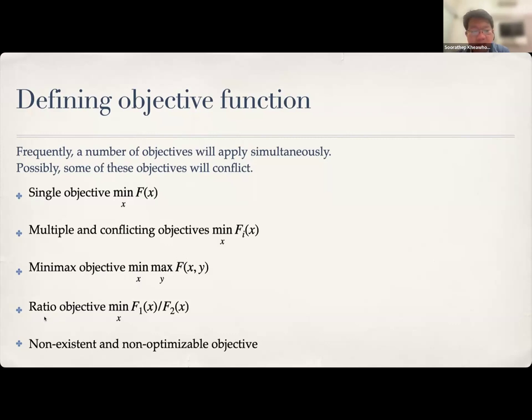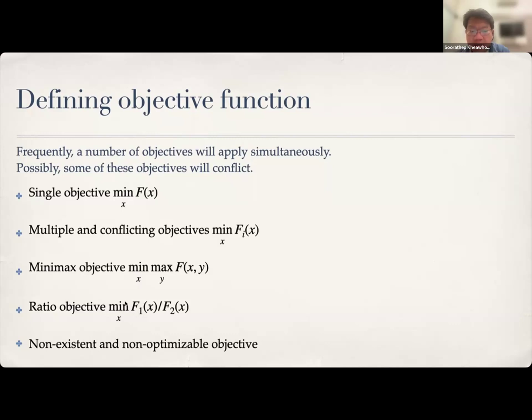And the other thing is the ratio objective function. For example, this idea can be used to convert multiple objective functions. If you have two objective functions, it can be used to convert these two objective functions to one single objective function. For example, if you want to minimize F1 and maximize F2 at the same time, you can consider minimizing the ratio of F1 to F2.